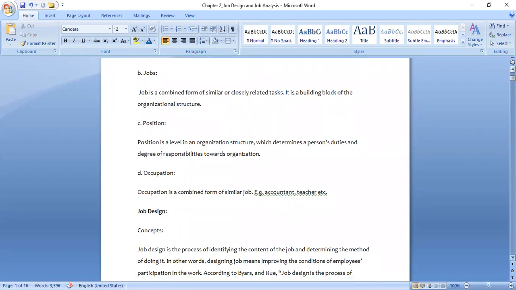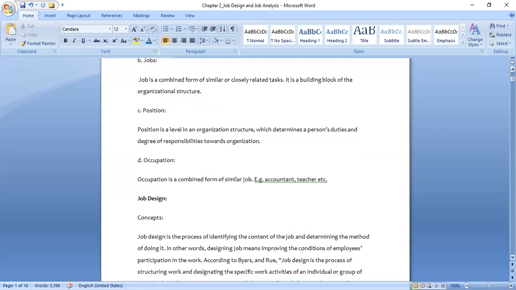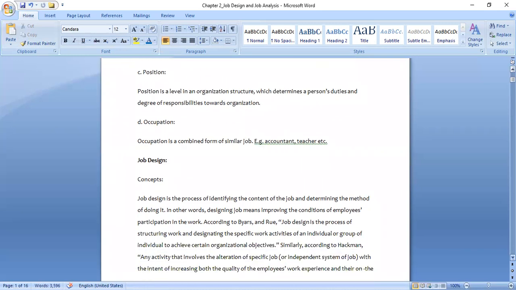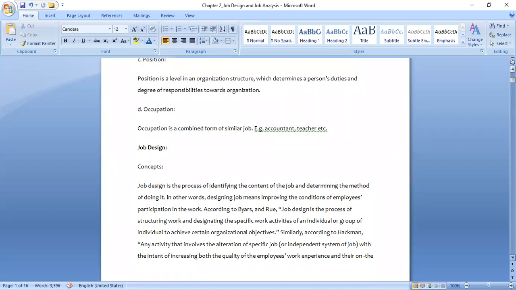Then a position is basically a level in an organization. For example, if we say that someone is a manager, someone is an accountant, that is a position, right? So a position is a level in an organization, and it basically determines the person's duties and the degree of responsibilities towards that organization.